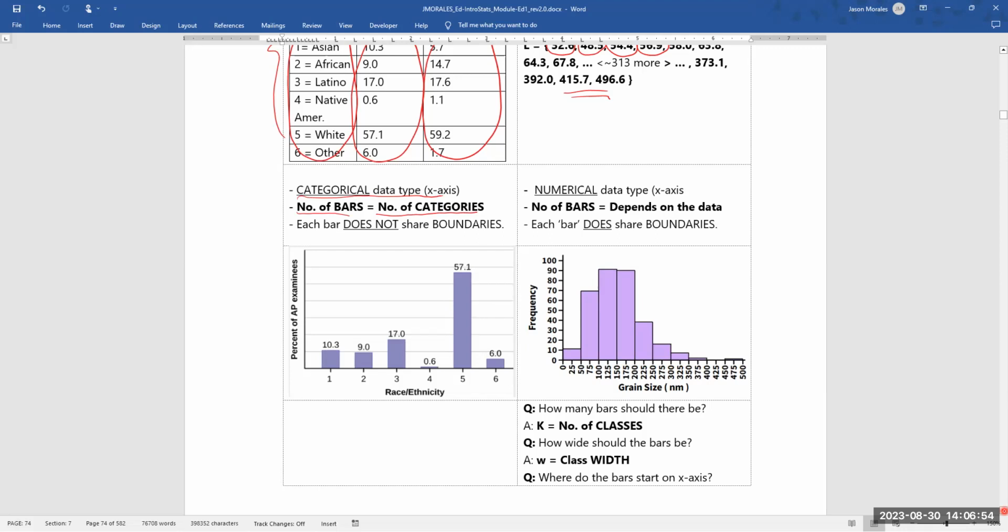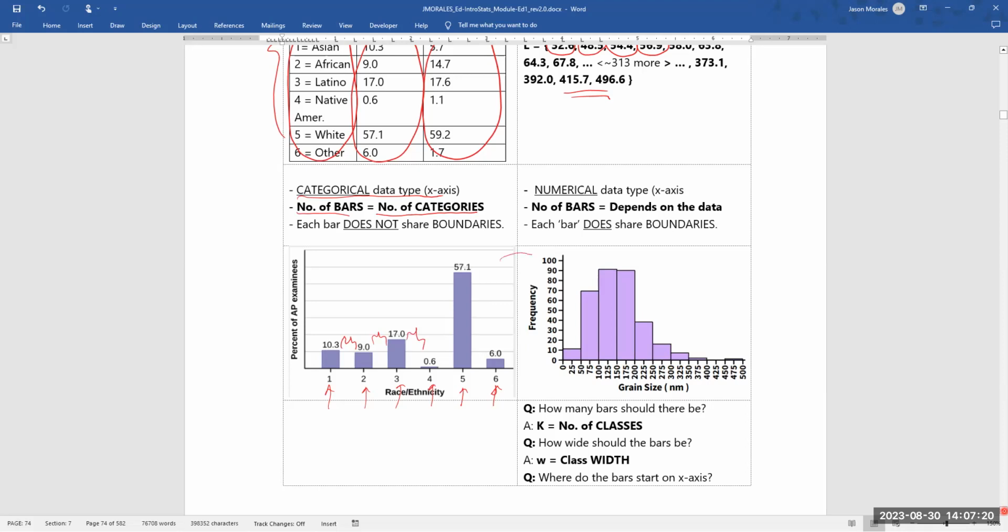And you can see here, we have a bar for each one of those races or ethnicities. And each bar, notice in a bar chart, does not share boundaries. There is a gap between each of the bars. Those are some distinguishing features of a bar chart.